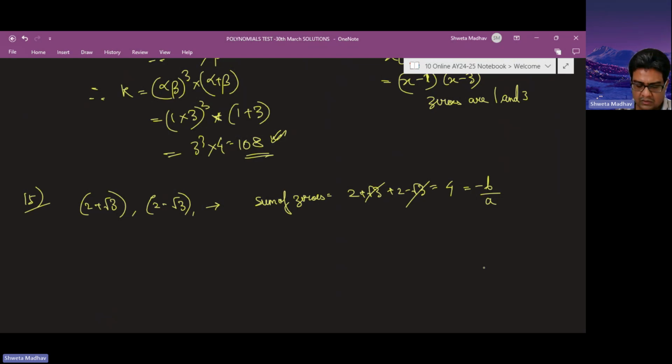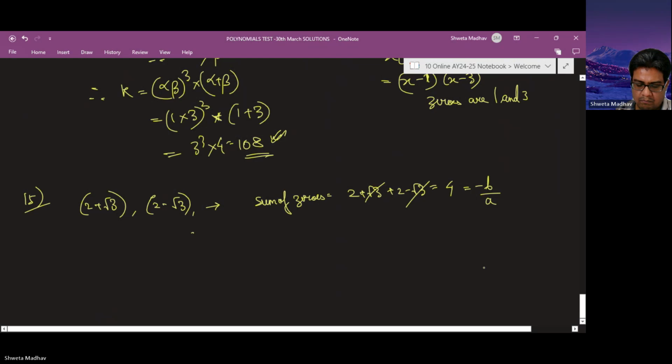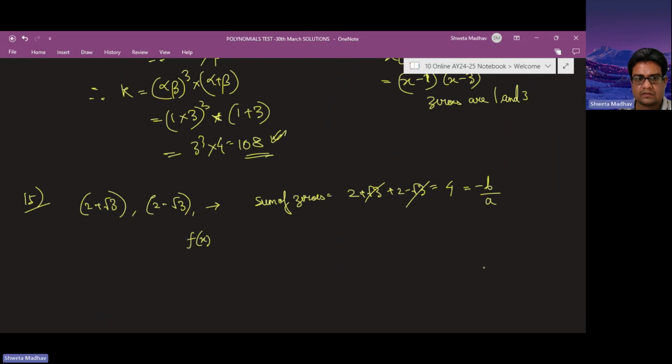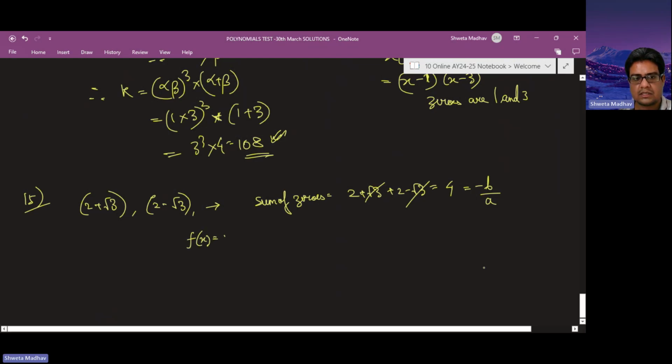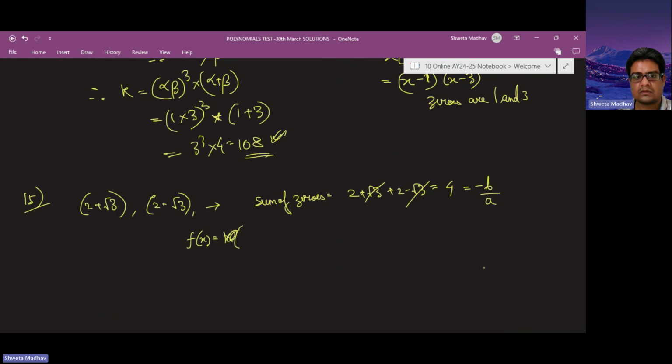So if the quadratic polynomial f of x is some constant k into, or you can say it is ax square plus bx plus c, then obviously the sum of the zeros is equal to minus b by a. So from here you can see b will be equal to minus 4a.